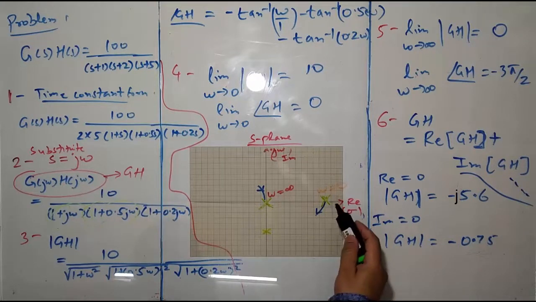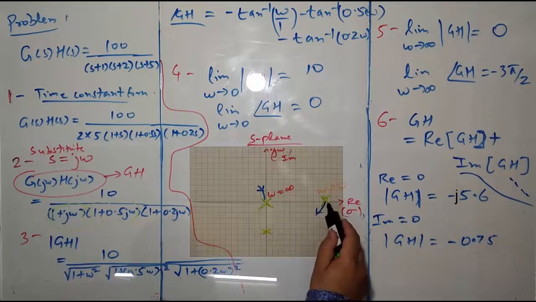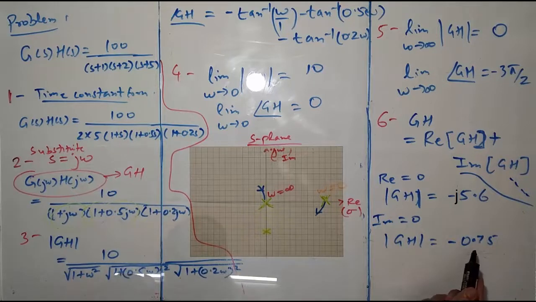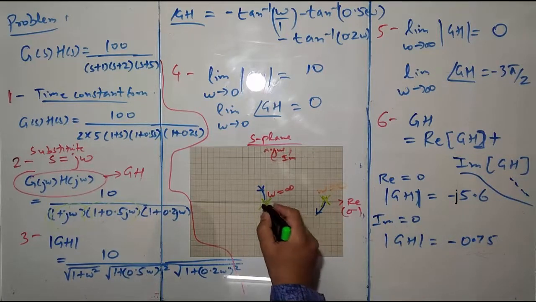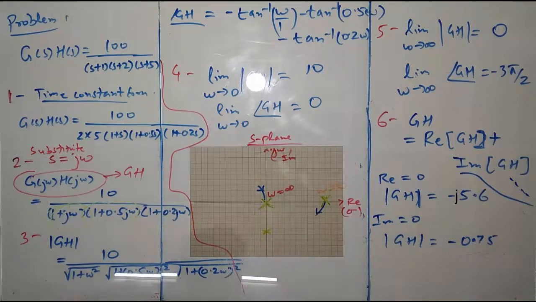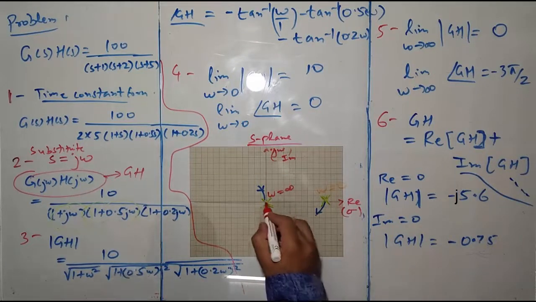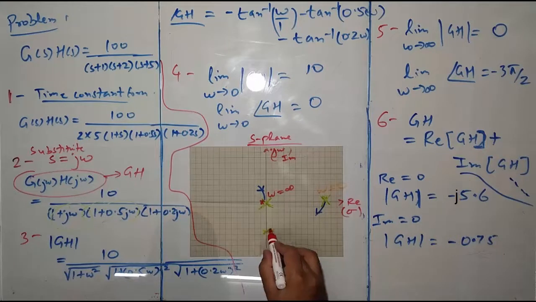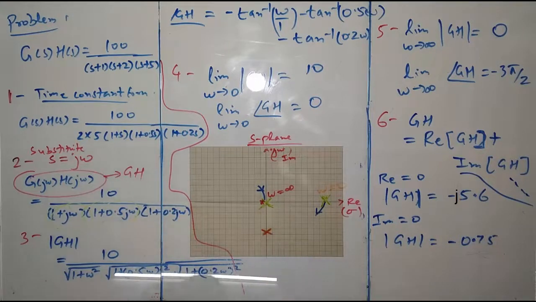So we got the first intercept of this curve. This curve will be starting from this point and reaching this point, crossing it. Then we'll be having a second intercept, which is minus 0.75, and that point will be somewhere here. So these are the intercepts.